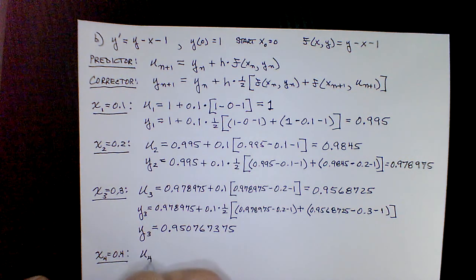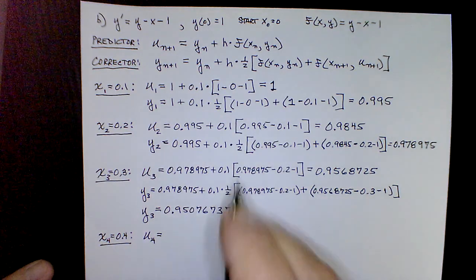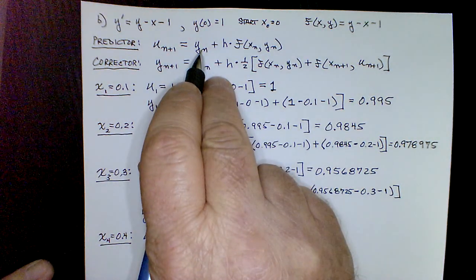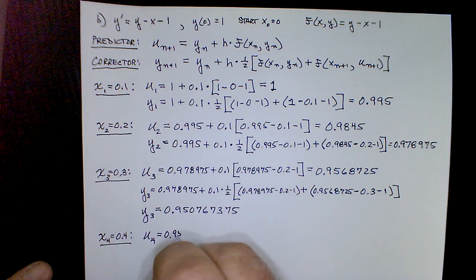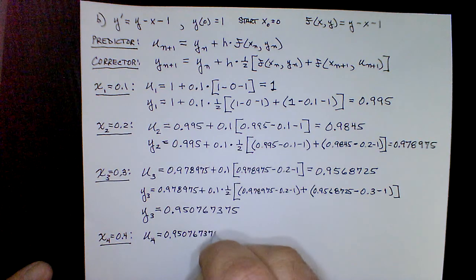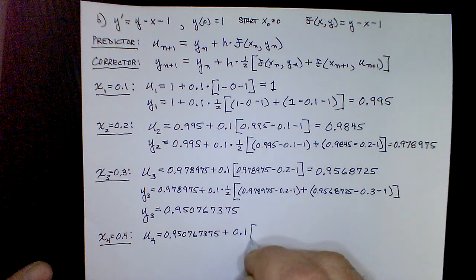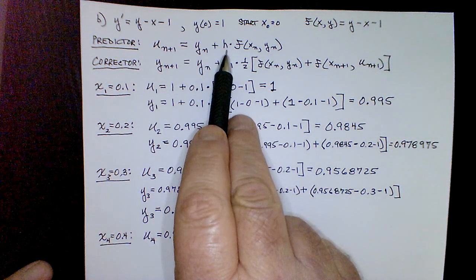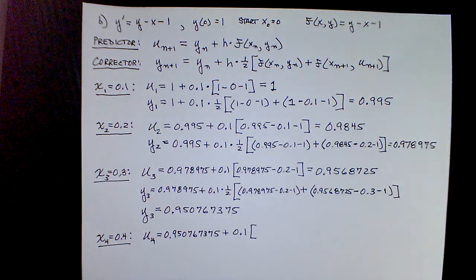And so one more time, u sub 4, the predictor. You're going to use y sub n, so the previous y value, 0.950767375, plus the step size, 0.1. Okay, so we're going back up here to the predictor formula, times the function evaluated at the previous x and the previous y.